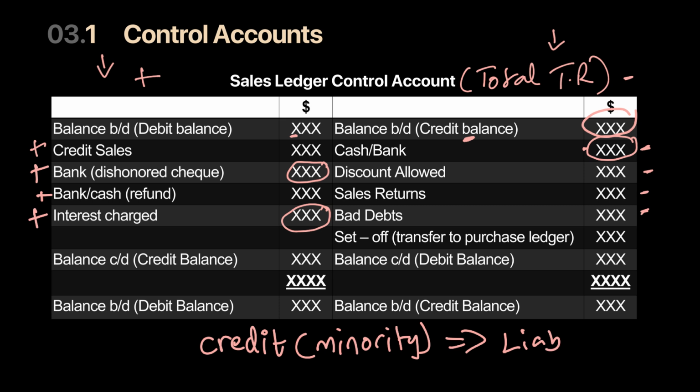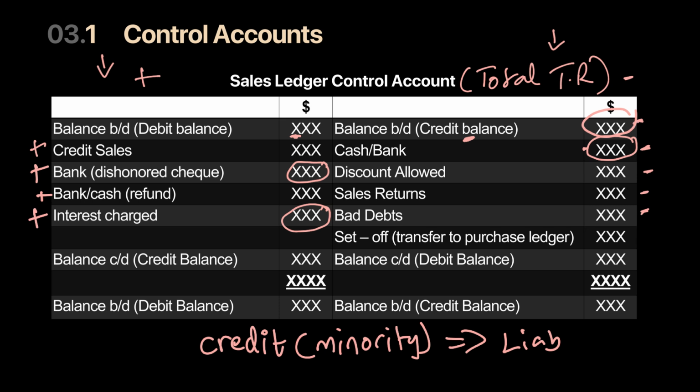This can only happen in the case, let's say, a customer has overpaid the firm, so the firm now owes them a service or has to pay them money back. Or a customer has returned goods after he has made his payment, so now the firm owes money. In that case, this customer becomes a liability. So similarly, how trade receivables are an asset, some customers can also be a liability for you, which is why I've written this over here.